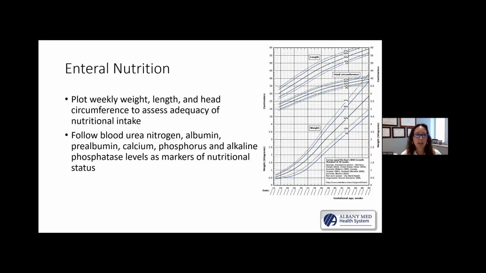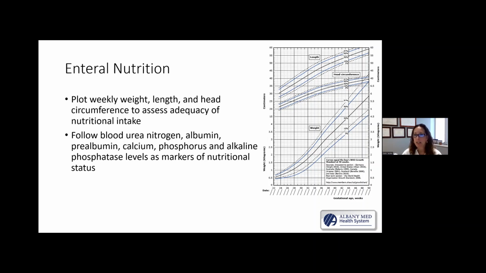It's important to plot at least weekly the weight, length, and head circumference to assess for adequacy of nutritional intake. And again, some units have more sophisticated ways to measure things. Most units will use these curves and assess these parameters weekly. You can also use your blood labs like blood urea nitrogen, albumin, prealbumin, calcium, phosphorus, and alkaline phosphatase levels as markers of nutritional status.